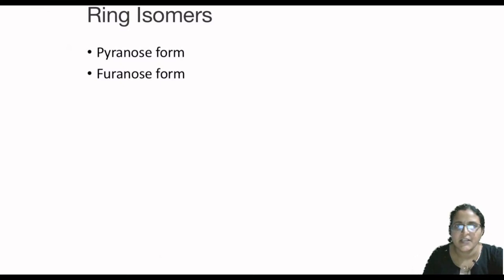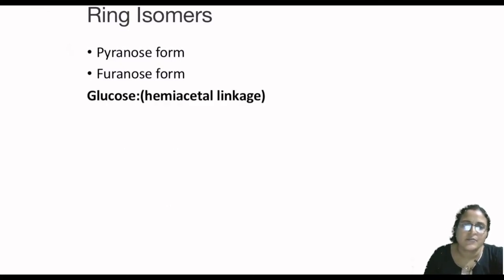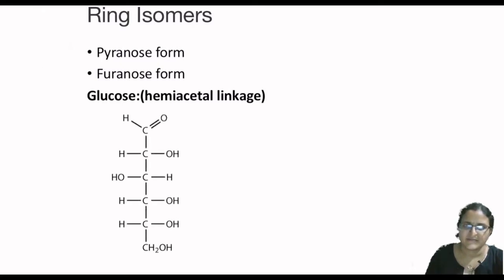Next, coming to ring isomerism, glucose has a pyranose form and a furanose form. As I have already told, glucose has a hemiacetal linkage. See, this is the structure of glucose.